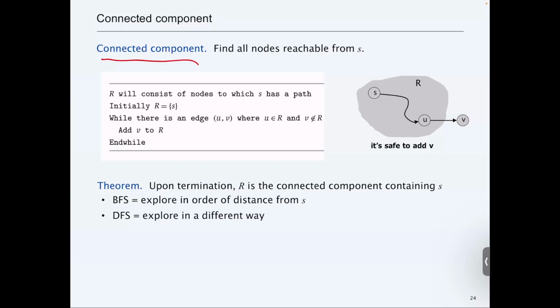So initially, R is just going to be S. So R is our starting node, our starting vertex, because obviously S can reach itself. So then while there exists an edge UV, where U is in R and V is not in R, we're simply going to add V into R, and we're going to keep repeating this process until there are no more nodes that can be added.